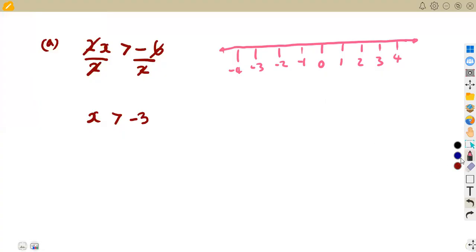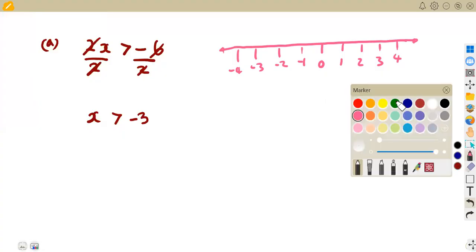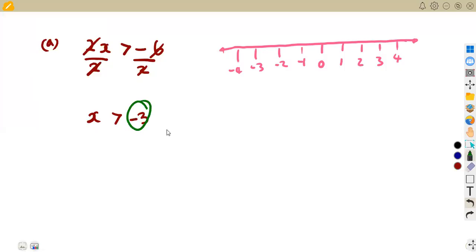But we want a condition where we have x being at -3. So at -3 it's here, so you indicate with a circle there. You are going to see that if you have a greater than or equal to, or a less than or equal to, depending on the side that you're talking from, you shade the circle.